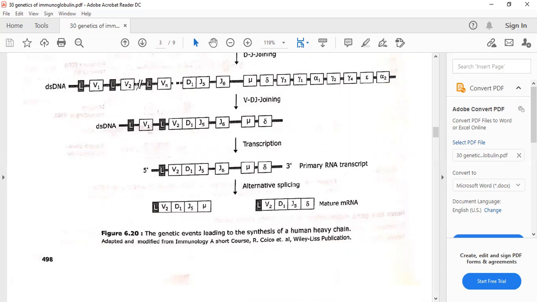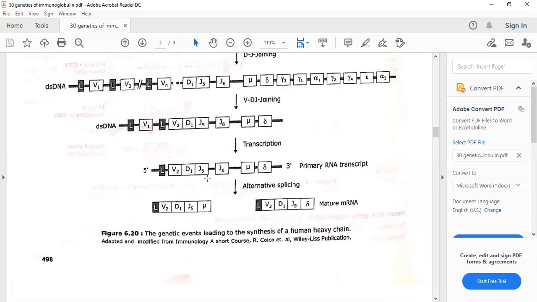So all the portion from V3 to V40 will be cleaved out, leaving only V1 to V2, D1, J1, J5. Okay, after that, this J1 portion will also be cleaved here. This J1 portion is not required, so it will also be cleaved by the lytic enzymes. These enzymes will cleave this portion, and the DNA ligase will join only the V2, D1 and J5 portions here and J6 portion here.